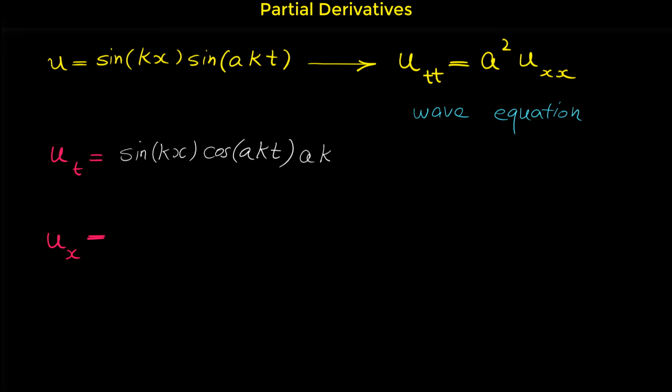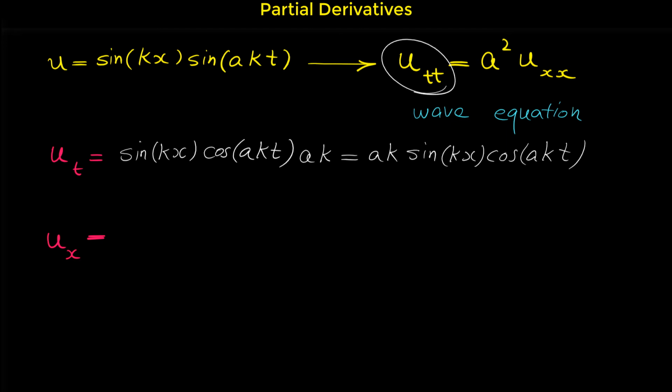So the partial derivative of u with respect to t is ak sine of kx cosine of akt. If you want, you can write this as ak, because this is a constant. It's better to put the constant first and then sine of kx cosine of akt.